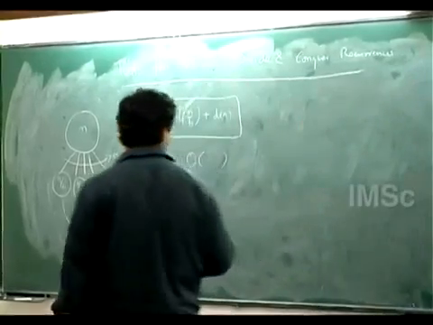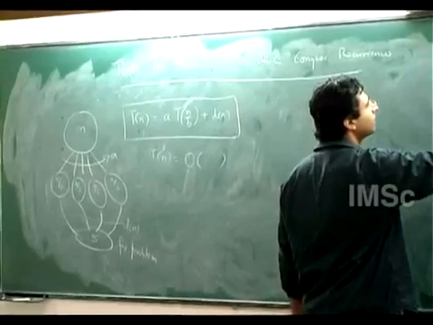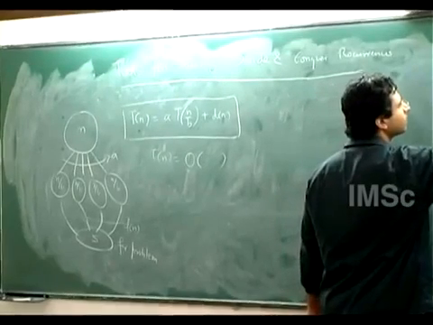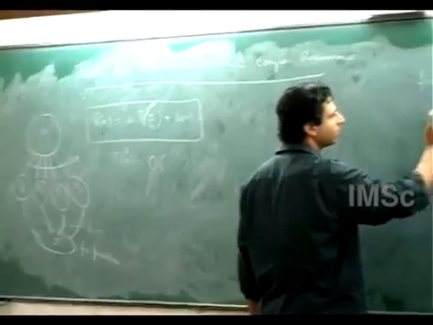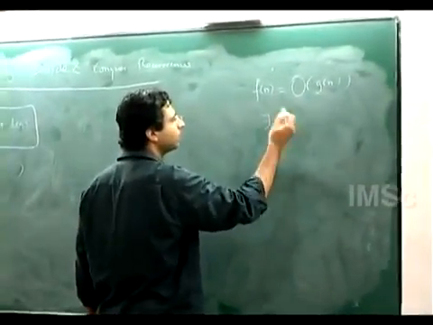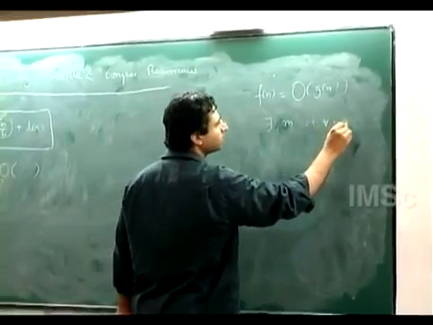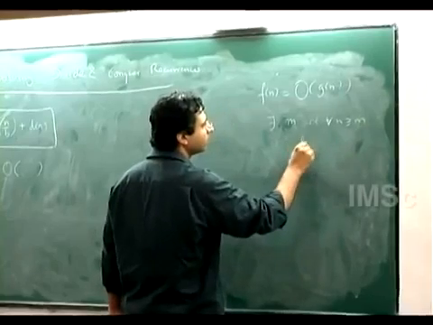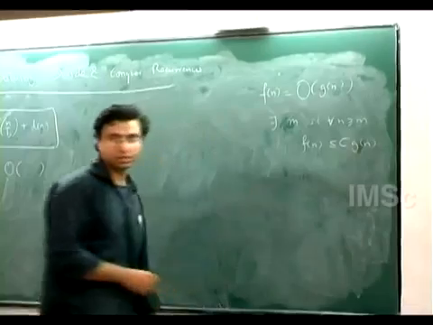Big O notation says that if I say some function f of n is big O of some other function g of n, that means there exists some number m large enough such that for all n beyond this number m, f of n is less than some constant times g of n.